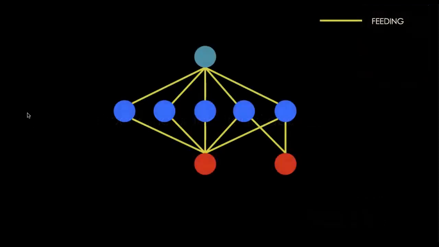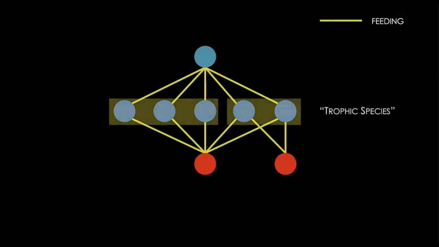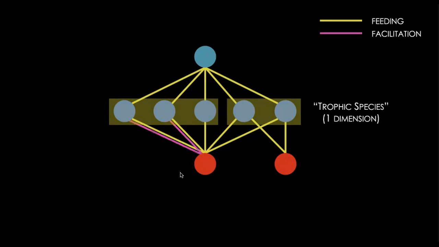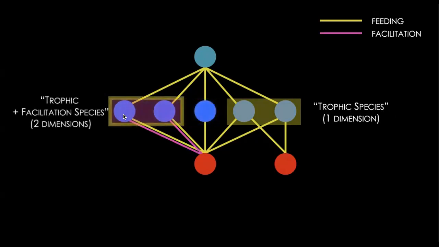Imagine that the nodes here are species and the links are feeding links. One thing we can do is group species by how similar they are in terms of who eats them and what they eat. So in this very simple example, you would have 2 big groups of species, what we call trophic species, because those 3 species have the same consumer and consume the same prey. Now, if we add an additional interaction type, for example facilitation, we can define different groups. Here, there is a group of 2 species that are similar in terms of the feeding links and the facilitative links.